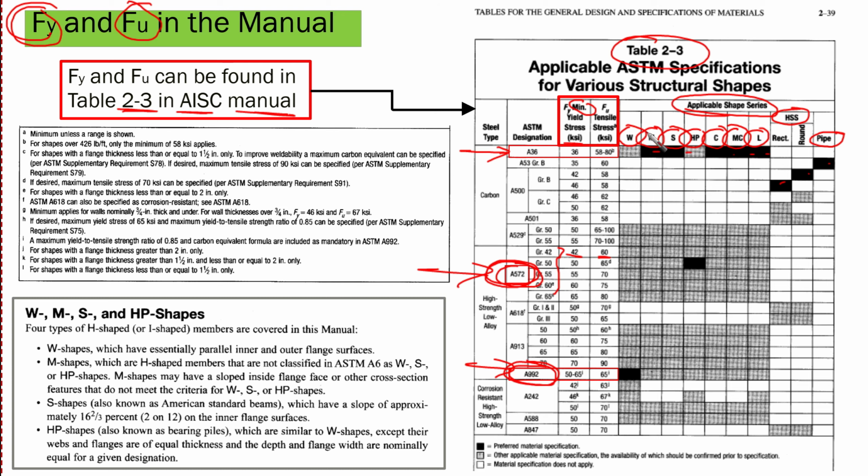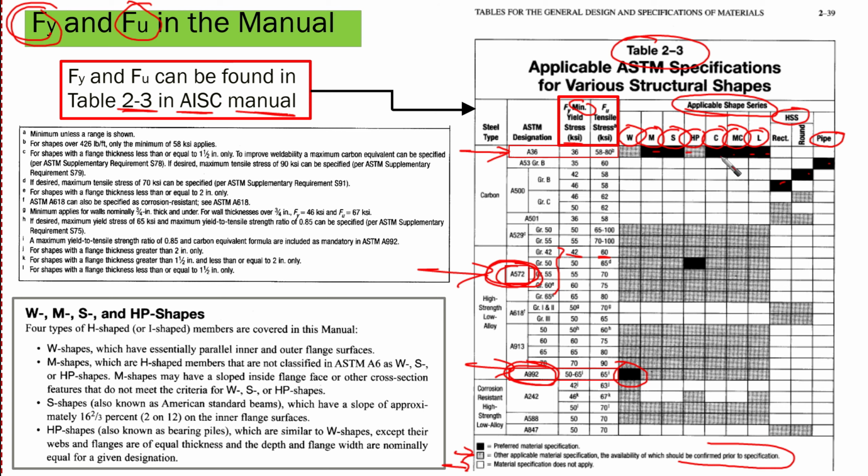For example, for wide flange, this is the preferred material specification. The gray one is another applicable material specification, the availability of which should be confirmed prior to specification, and the white means the material specification does not apply.